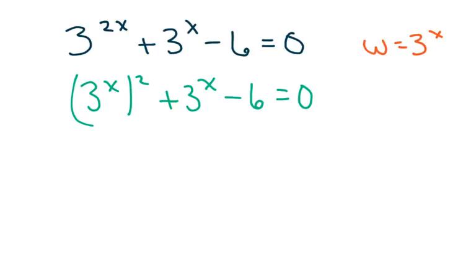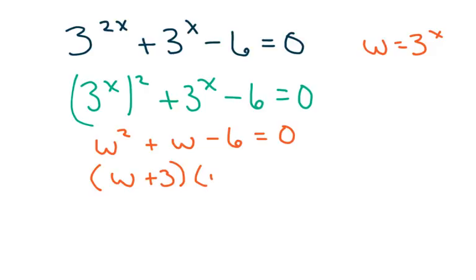So everywhere there's a 3 to the x, I'm going to put w. And this would be w squared plus w minus 6 equals 0. What I'll do here is factor.